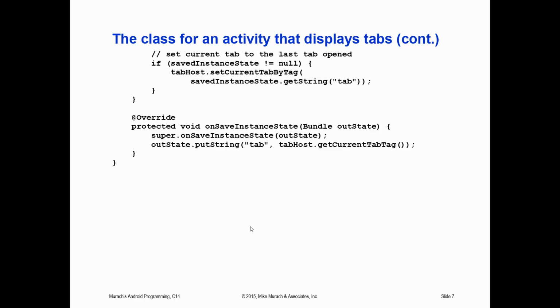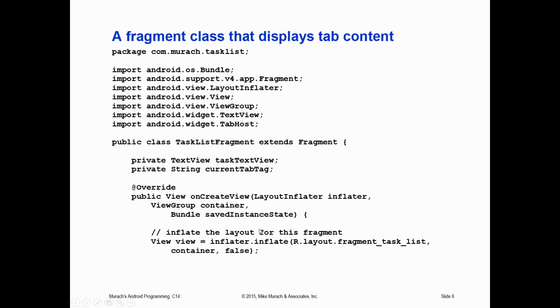So within the class for an activity, you use the TabManager to add one or more tabs. After you do this, you have to basically display the tab content. So figure 14.3 on pages 440 and 441 does this. It shows the class for a fragment that displays the content for a tab.